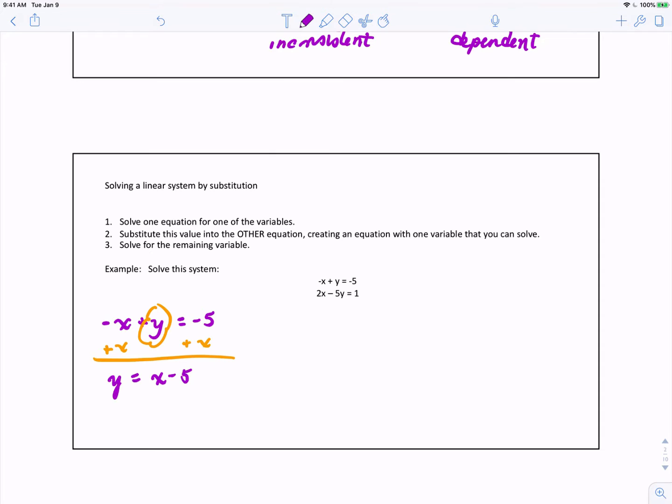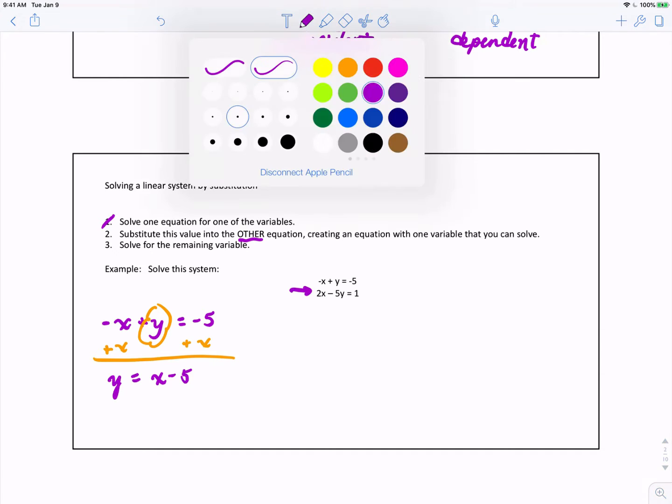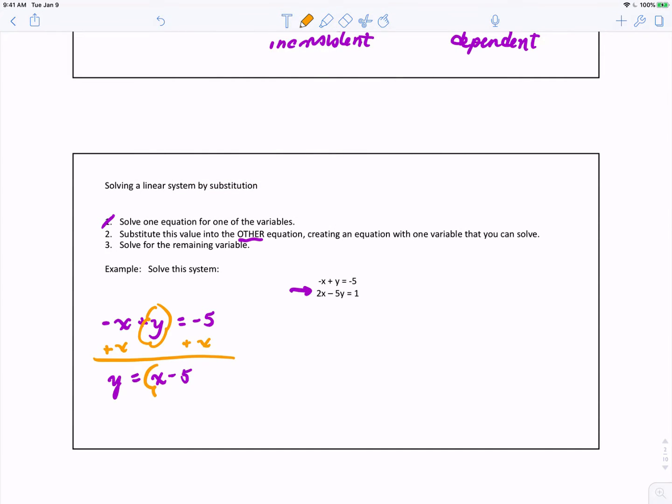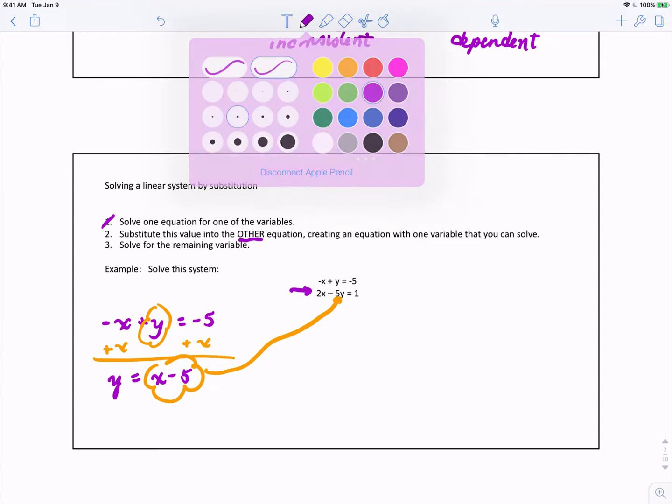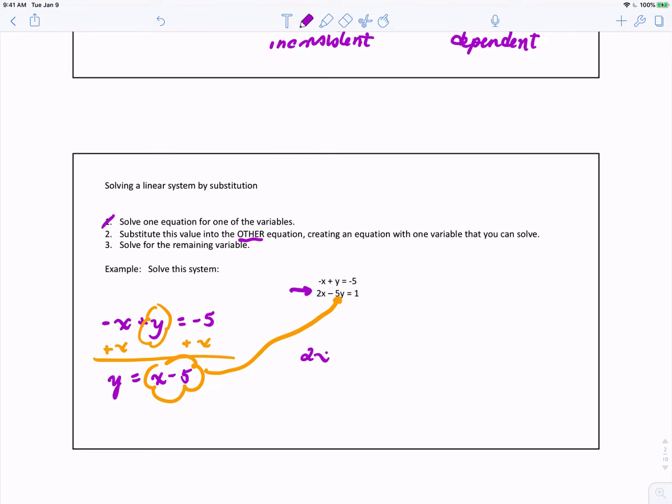Then we substitute that into the other equation, 2x minus 5y is equal to 1. In this equation, I'm going to replace y with x minus 5. So we have 2x minus 5 times (x minus 5) is equal to 1.